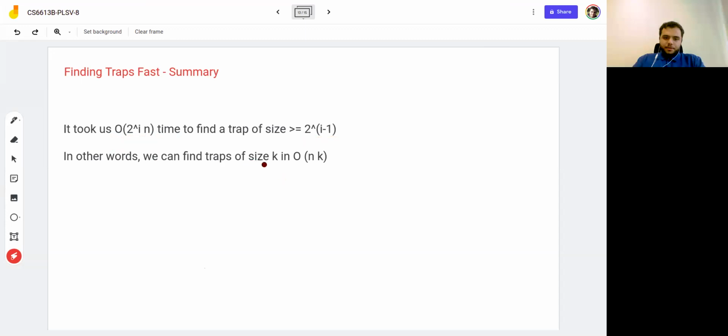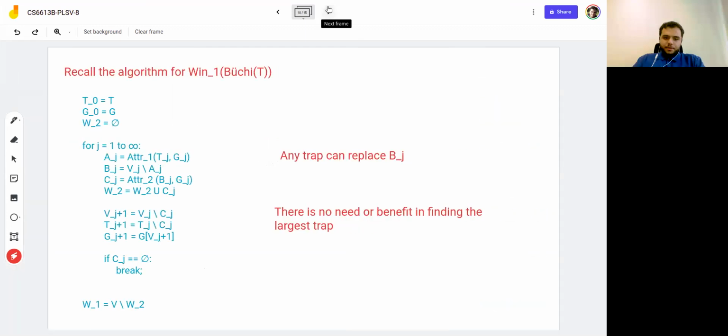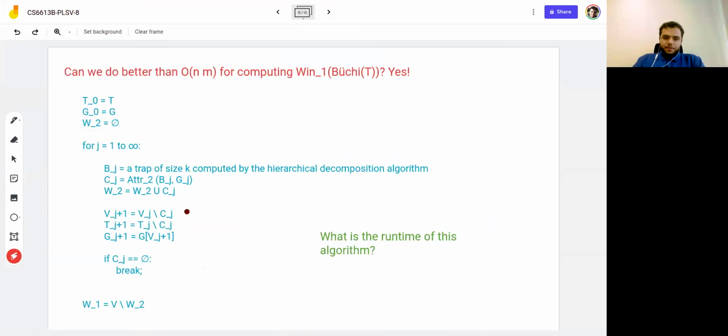So this means that I'm finding traps of size k in order nk time. And I can just plug this back into my algorithm for Büchi. Instead of finding the best trap, I just find any trap. So let's say that Bj is a trap of size k. And then the runtime becomes order n squared.